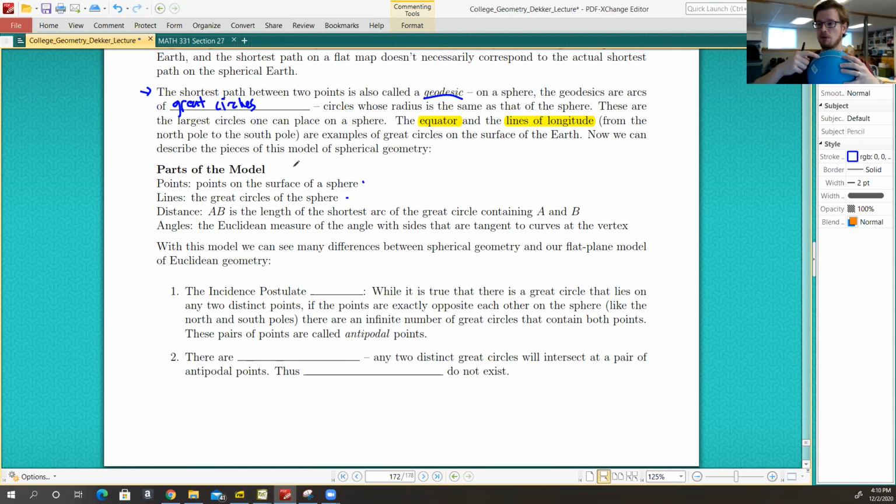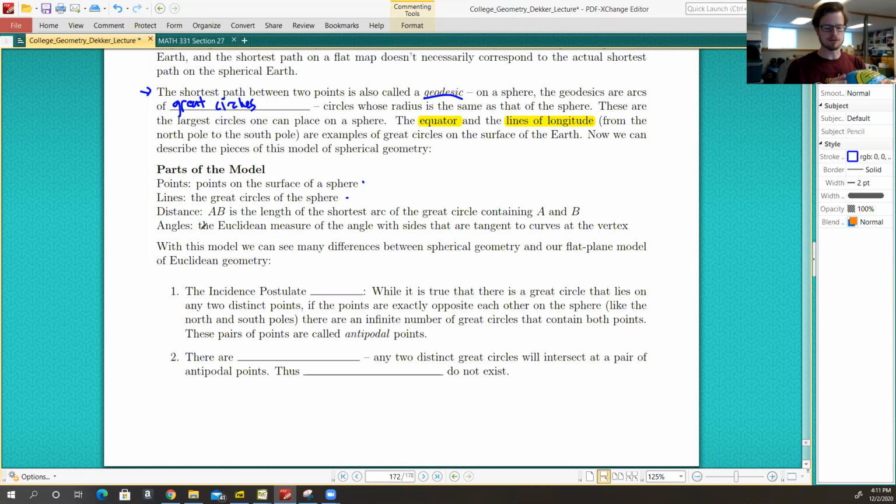Because if I have 2 points on that great circle, I want to choose the shorter of the 2 distances, because I could go a long way around or the short way. Of course, the short way is the distance.